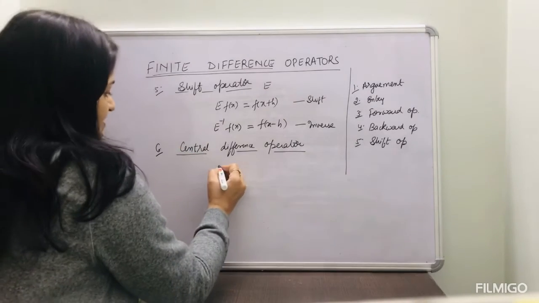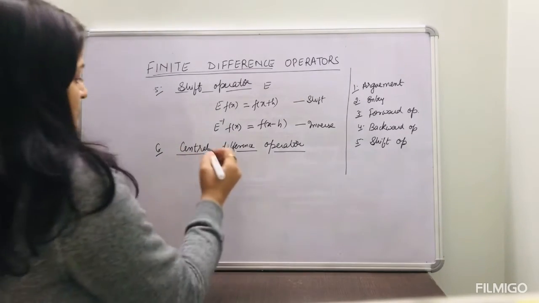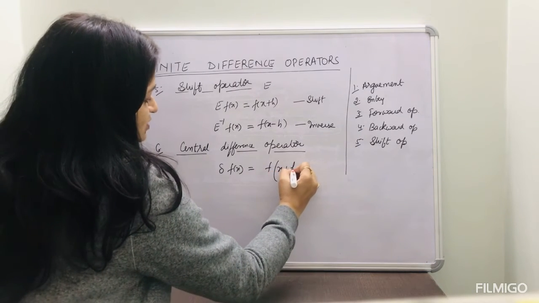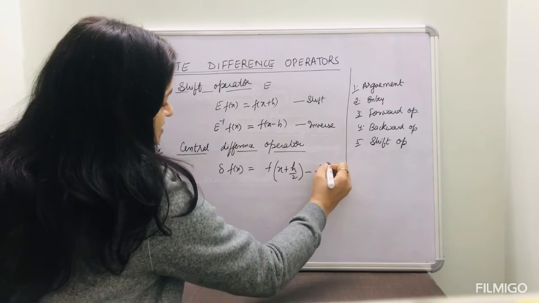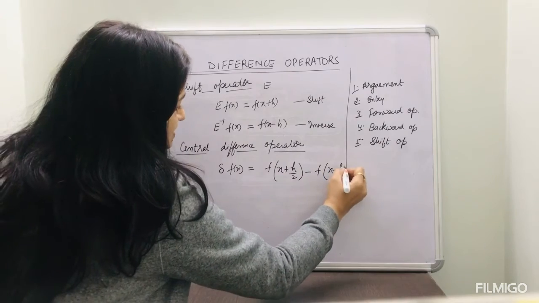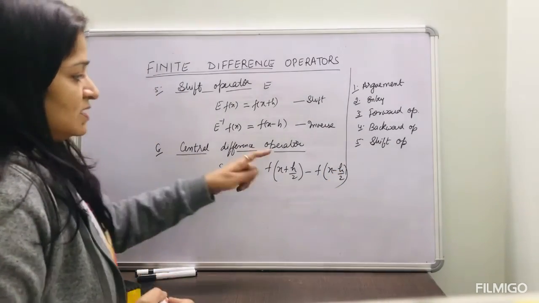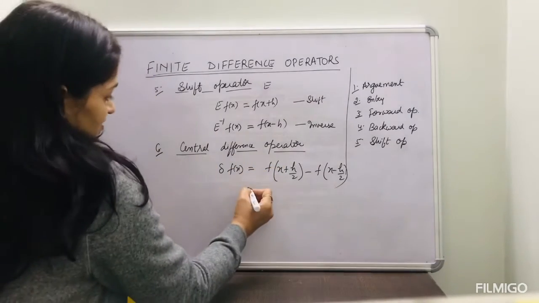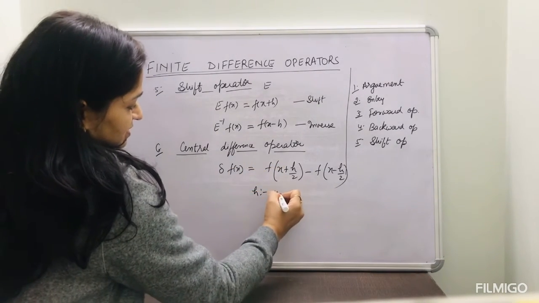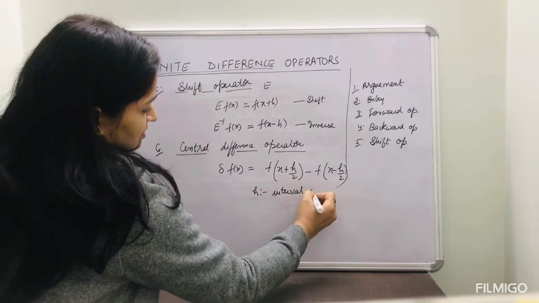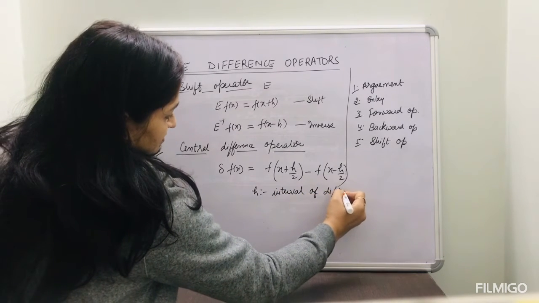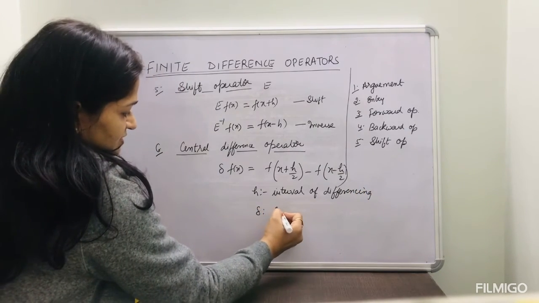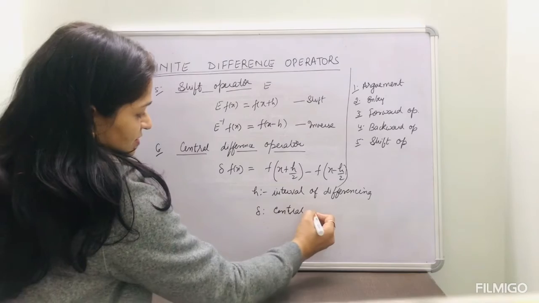Central difference operator is defined with the term delta. Delta of f of x is equal to f of x plus h by 2 minus f of x minus h by 2. Here again, h is my interval of differencing, and delta is central operator.